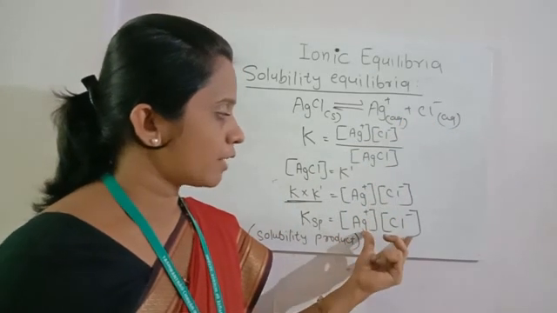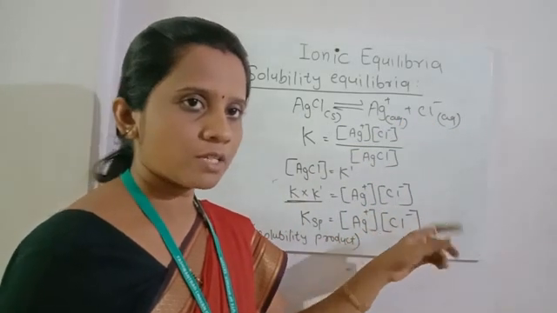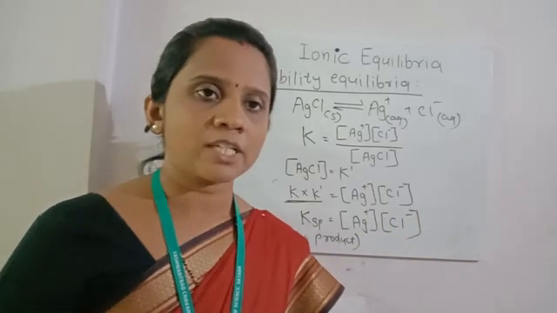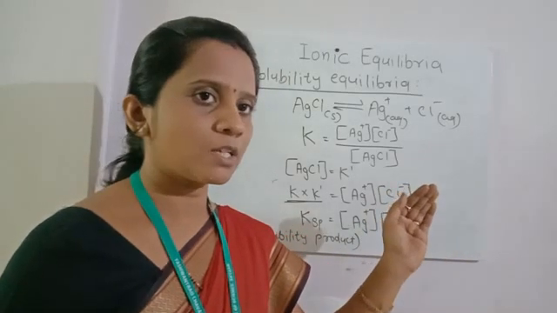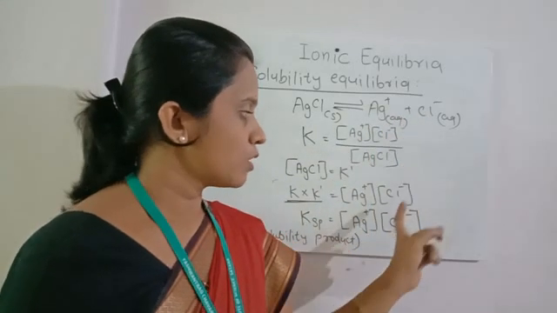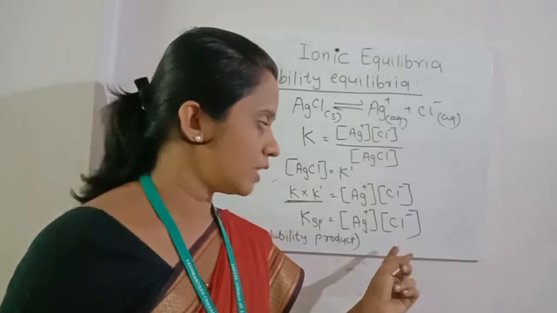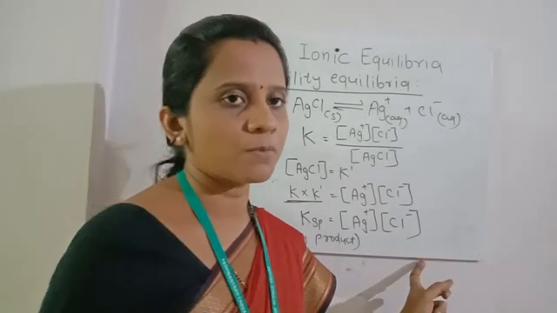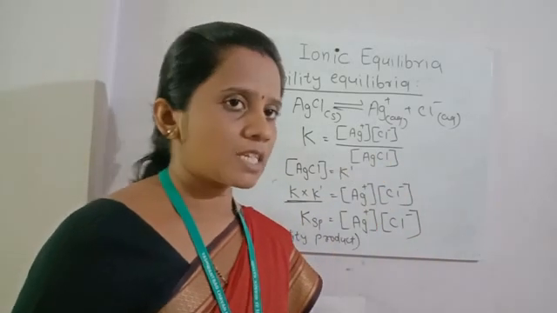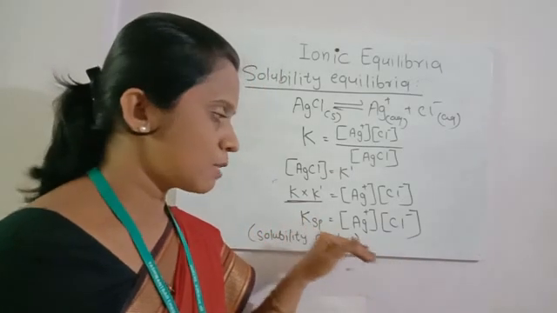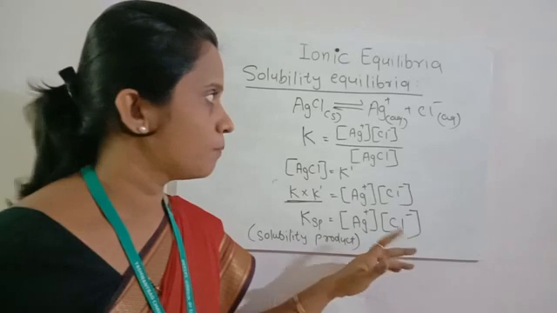So here we don't have to write their corresponding powers because it is taken as 1. But for some reactions, there may be balancing coefficients like 2, 3. So we have to write the concentration terms raised to their corresponding powers. We'll see an example based on this. So just remember Ksp is the solubility product.